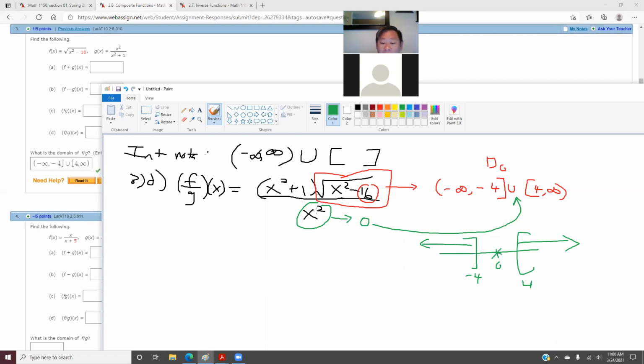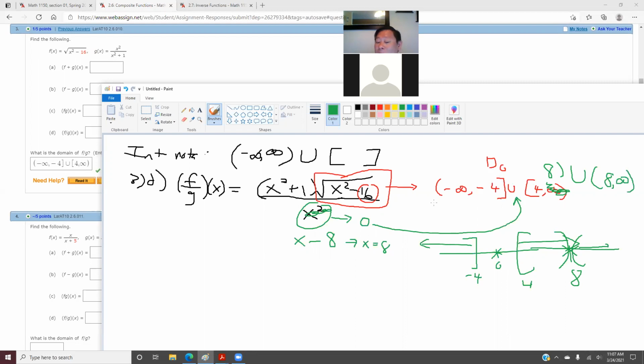What happens if this changed to be like x minus 8? Then x in this case is 8. That means 8 cannot be a part of your domain, so you will have another hole. If I put x minus 8 down here, your domain is negative infinity to -4, and then 4 to 8, and then 8 to infinity.